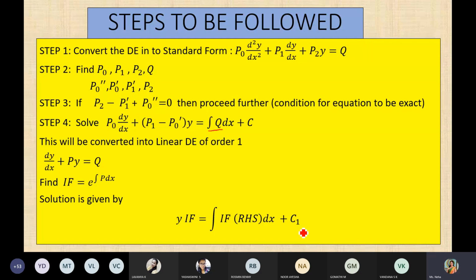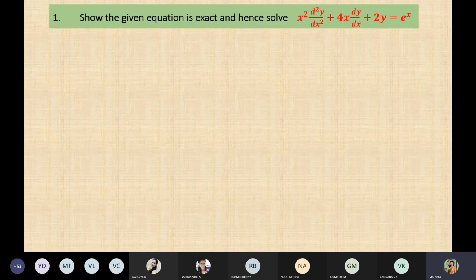Why am I using C1 here? Because I have already used the constant C in step number 4. So you will understand these steps once we take the problem. So we'll start with the problem.